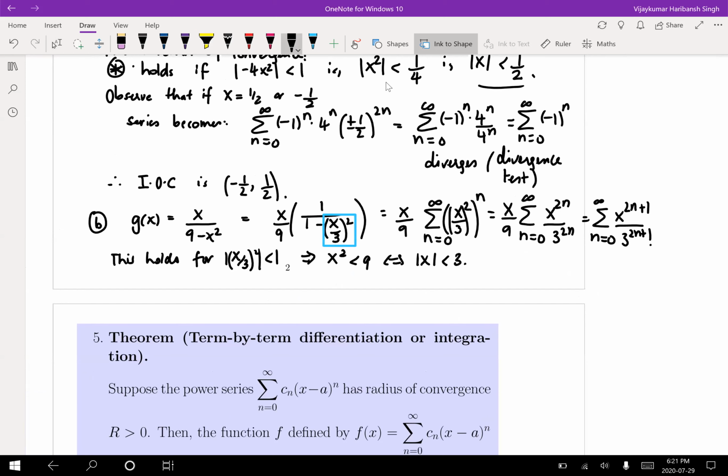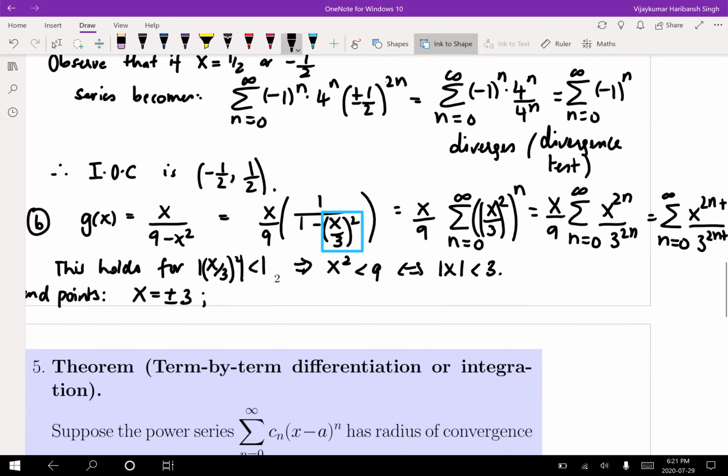Again, now at endpoints, when x equals plus or minus 3, you can look at the series and see what we get.